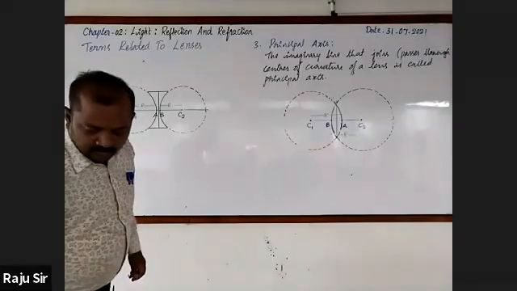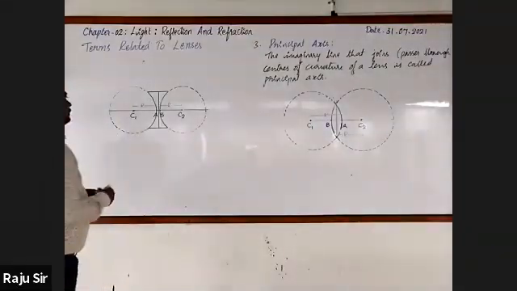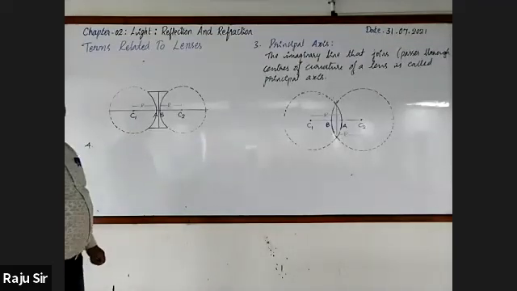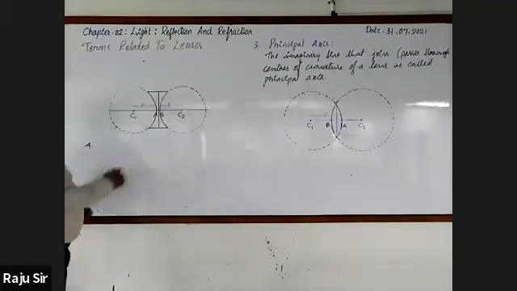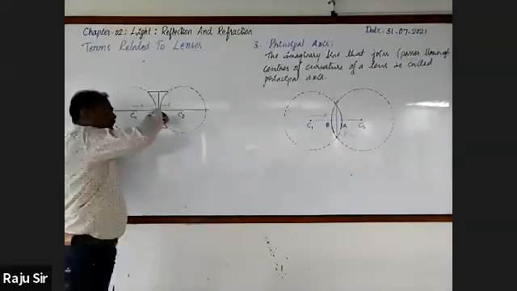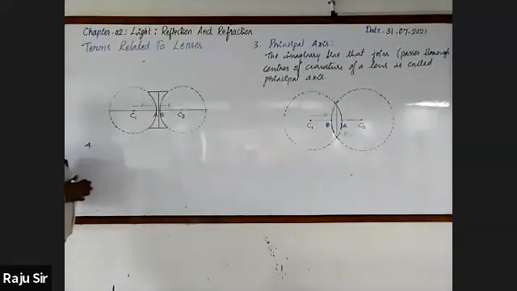Next, let us write the fourth term. Observe it. What do you call the diameter of the circular faces of a lens? It is aperture, right?